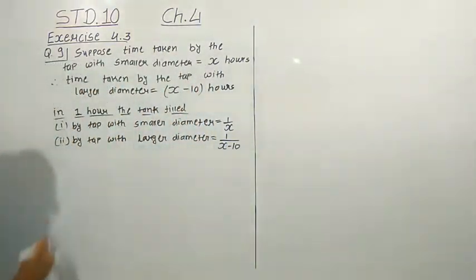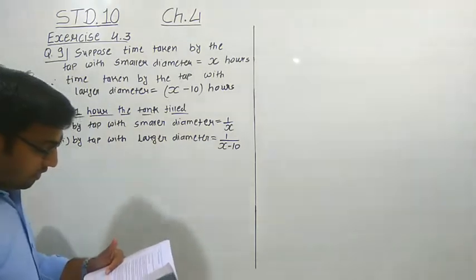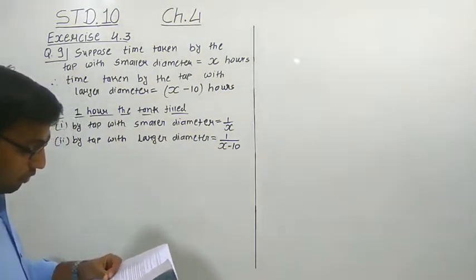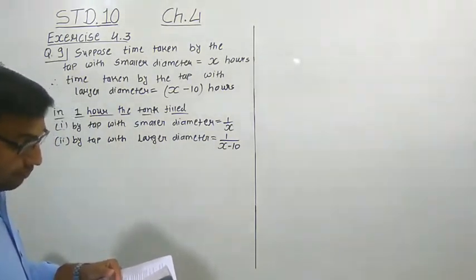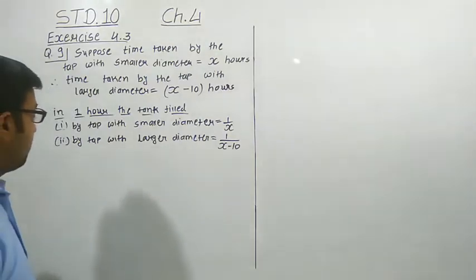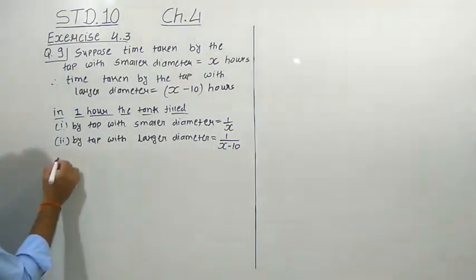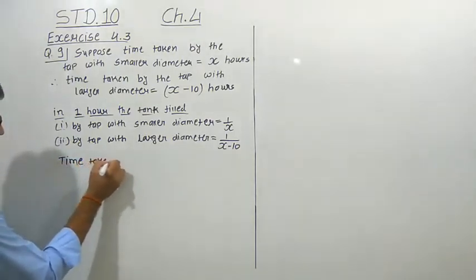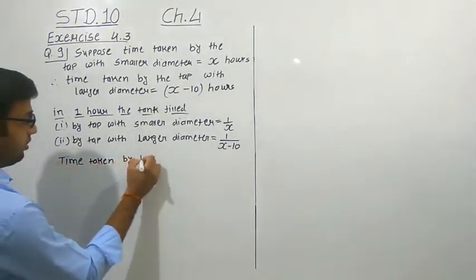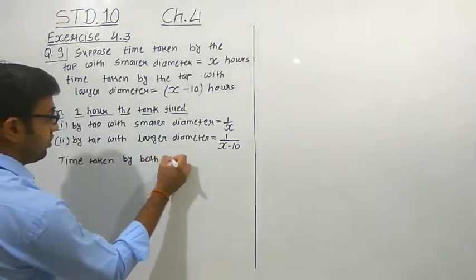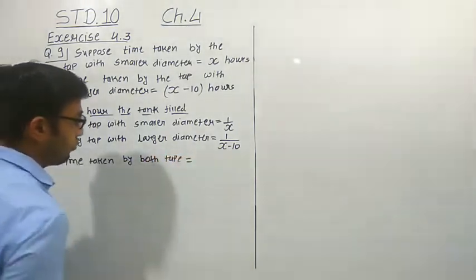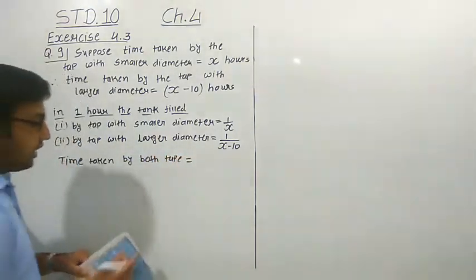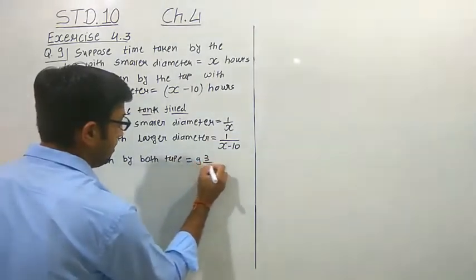Okay, now here one more relation we have given, that both the taps together can fill the tank in 9 and 3 upon 8 hours. So time taken by both taps is equals to 9 and 3 upon 8.